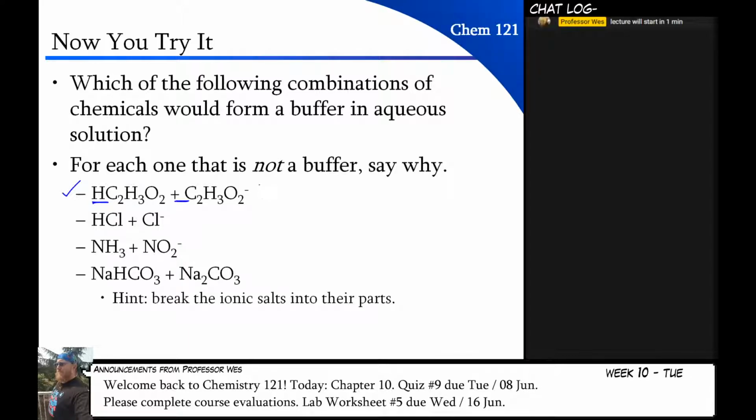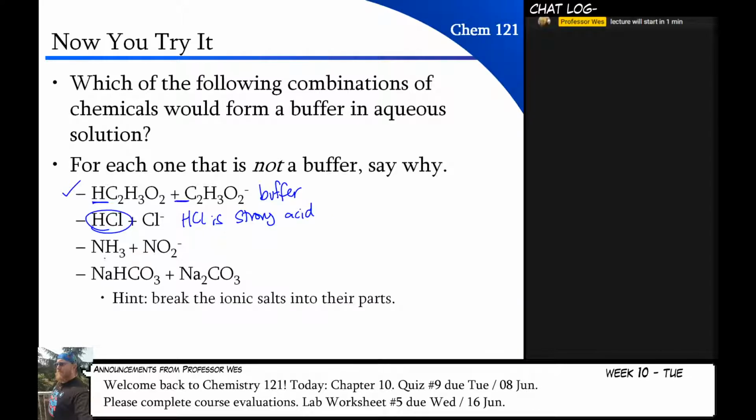So buffer. Now the second one won't make a buffer because even though these are conjugates, HCl is a strong acid. So the second one doesn't make a buffer.